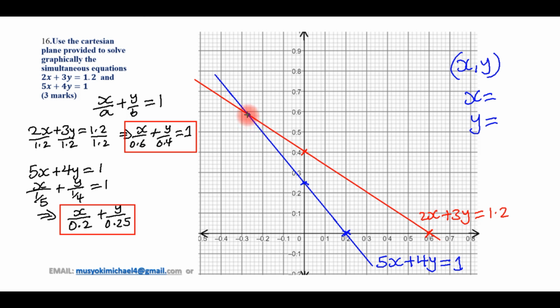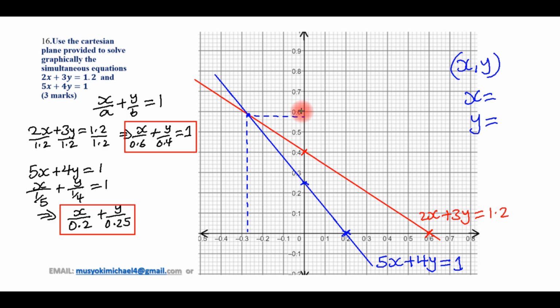So from this point downwards we read the value of x, and on the other side we do the same with the value of y.